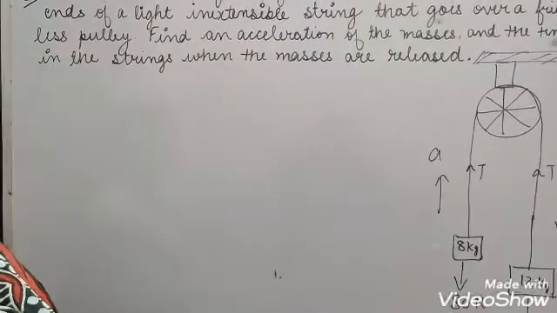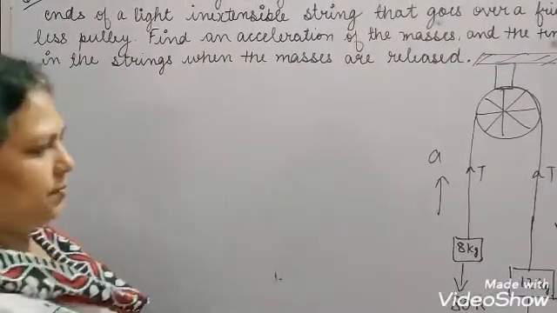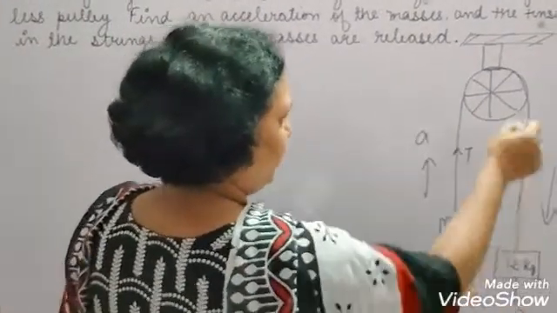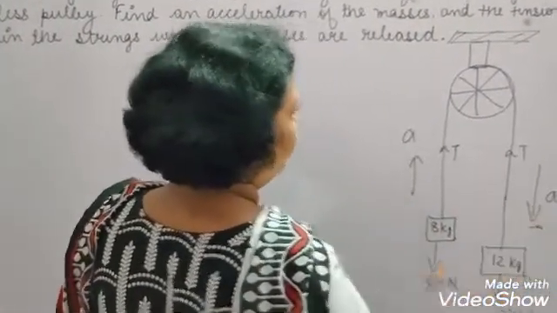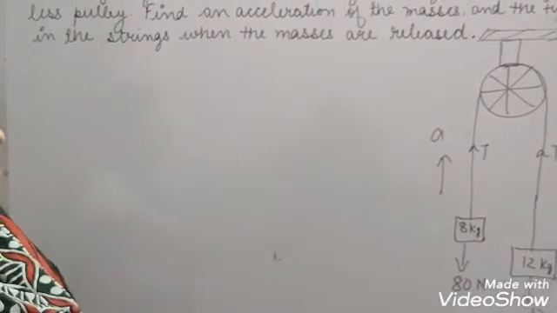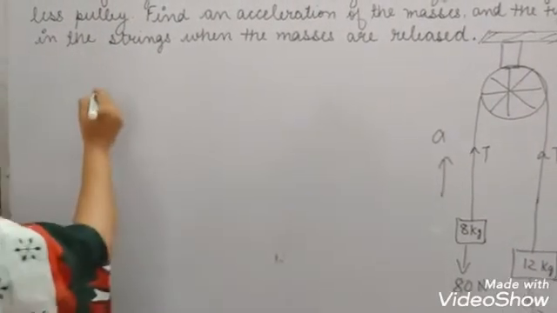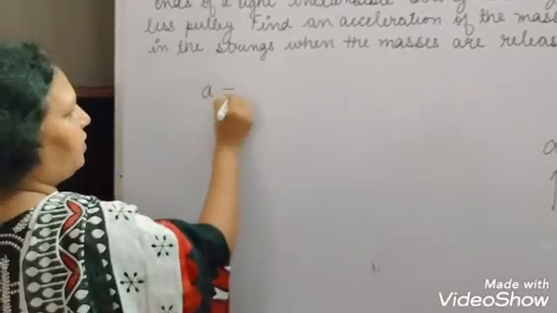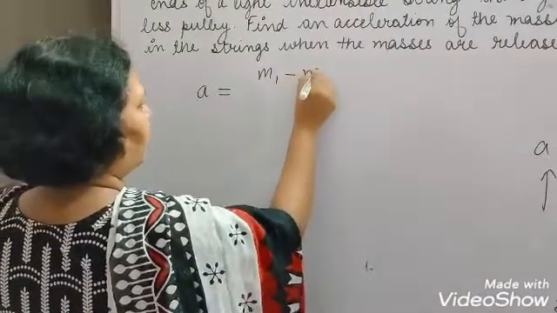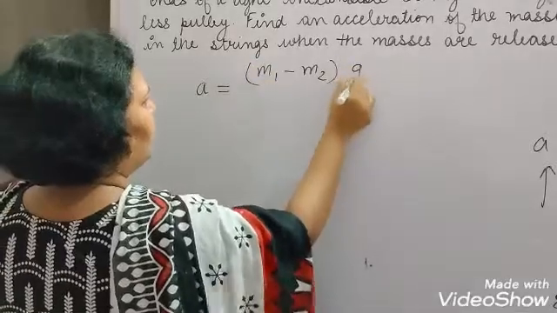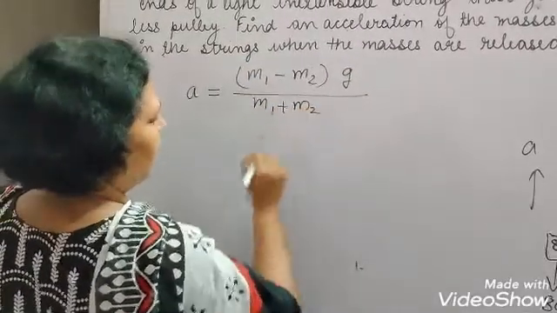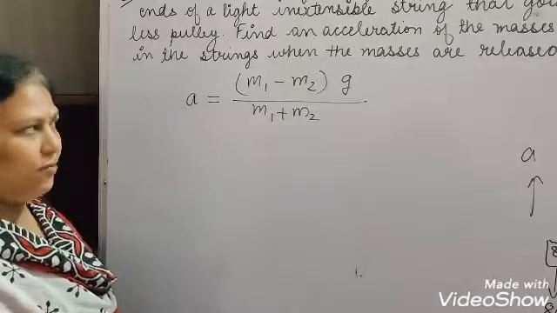Okay, so when the masses are released, because this 12 kg is a heavier weight, the acceleration will produce in this direction, and already we have derived the formula for this case. The formula for the acceleration which we have derived is a equal to (m1 minus m2)g upon (m1 plus m2), where m1 is the heavier weight.